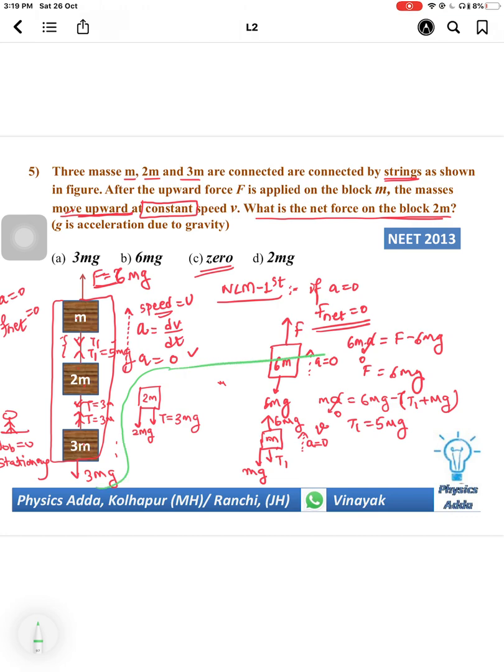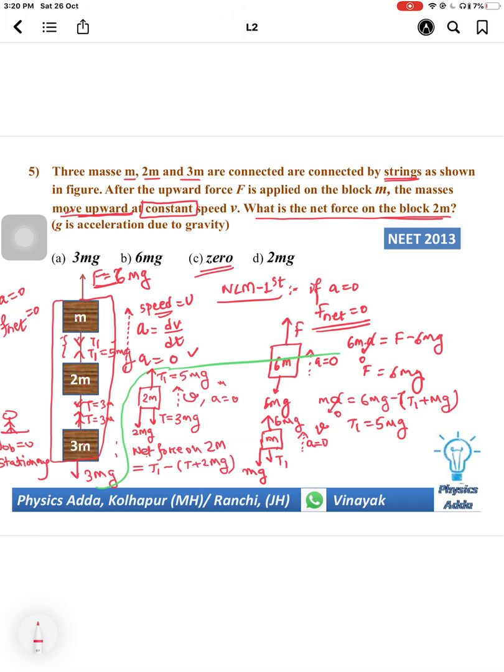Yes, there are some other forces acting on the system. In the upward direction, tension T1, which is also 5 mg. What is the net force on block 2m? Motion is in the upward direction with velocity v and acceleration equal to 0. So the net force on 2m will be T1 in the direction of motion minus T plus twice mg.